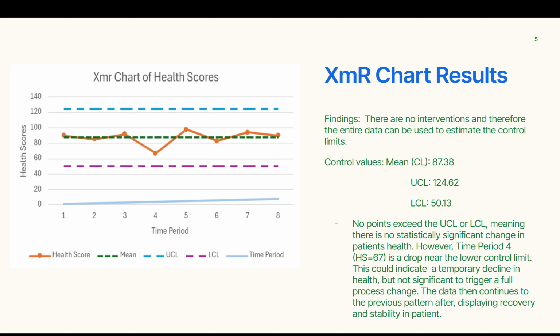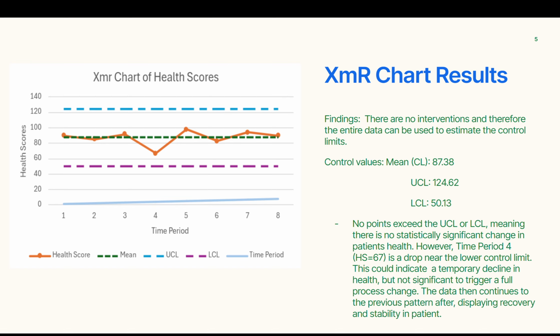I used the formula in Excel with the data set. And then we have the UCL, which is 124.62, using the formula I showed you right before this, and then the LCL, which was 50.13. So no points exceeded the UCL or the LCL. This means that there was no statistically significant change in the patient's health.